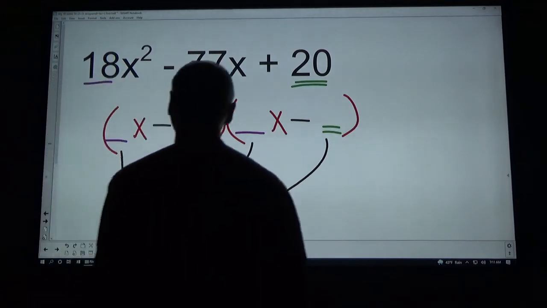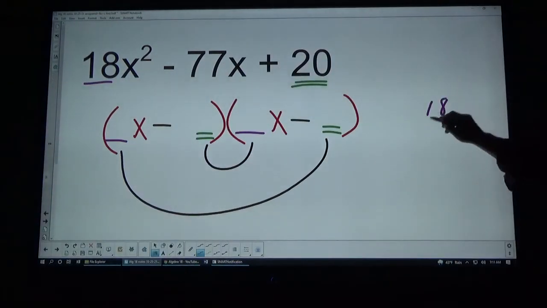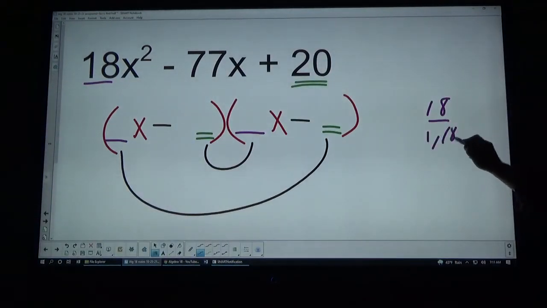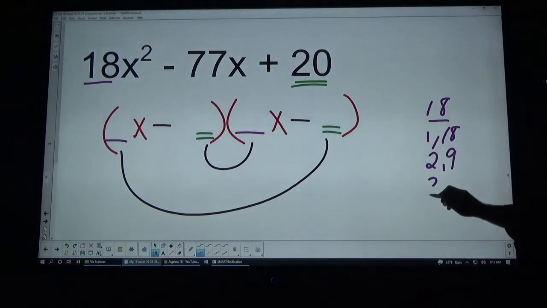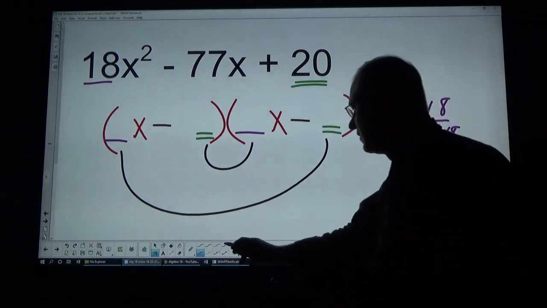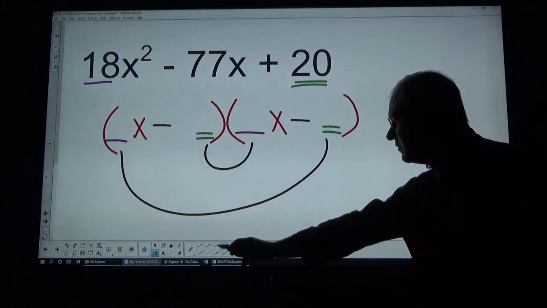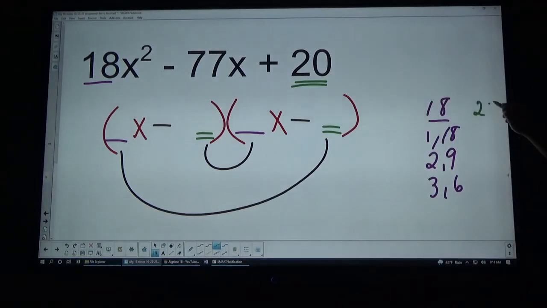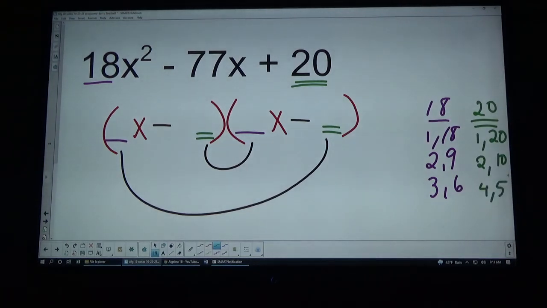Let's see, 18, 1 and 18, 2 and 9, 3 and 6. Let's do 20, 1 and 20, 2 and 10, 4 and 5. Now that pointing method has to add up to 77. 24 and 15 aren't even close. 30 and 12 still not close.